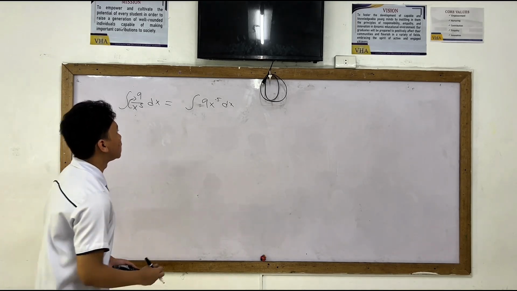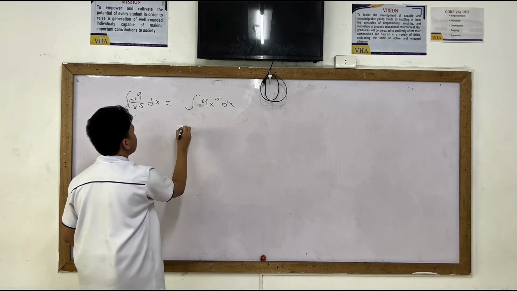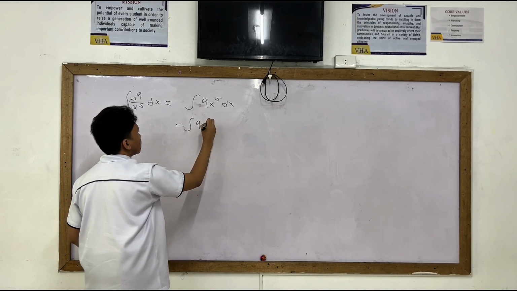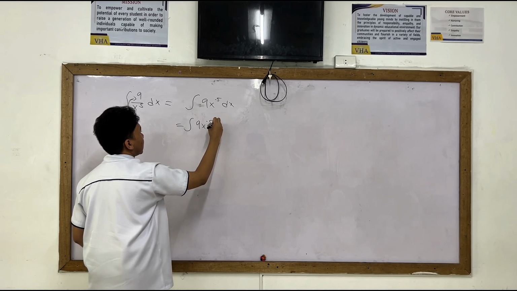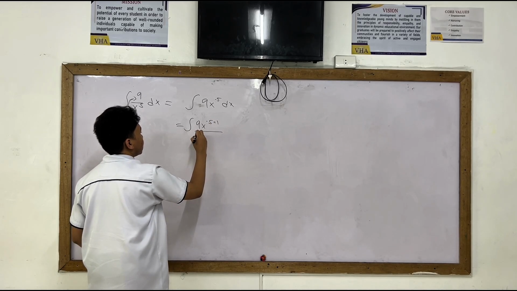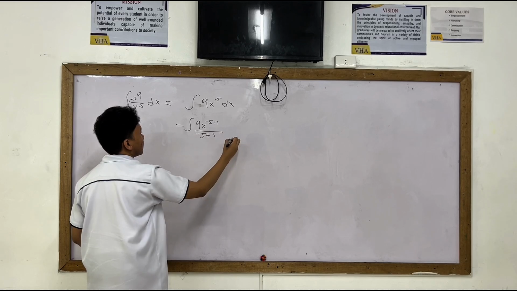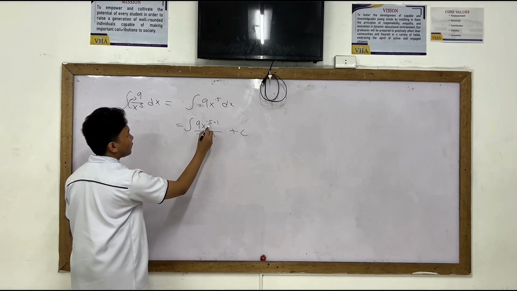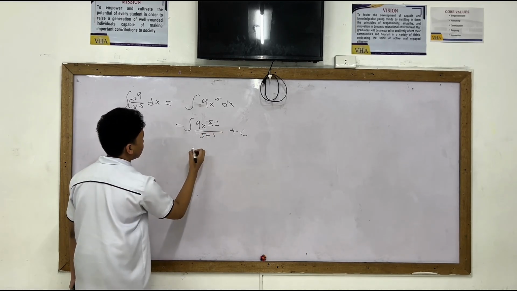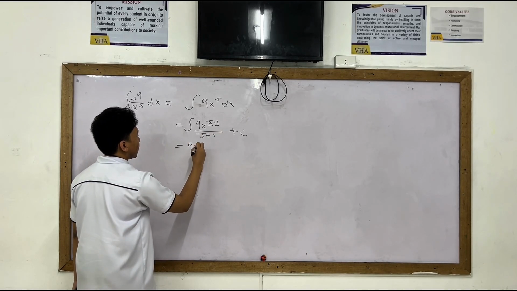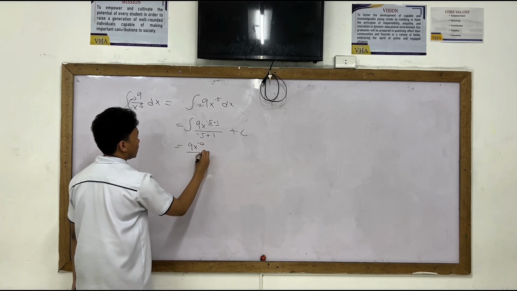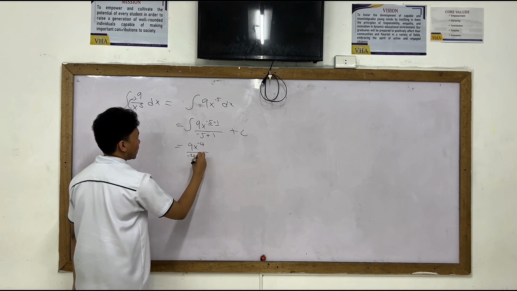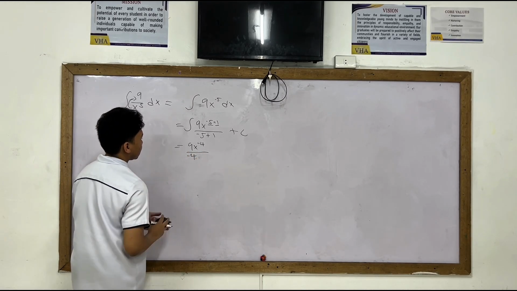Now we can apply the power rule. We will have the indefinite integral 9x to the negative 5 plus 1 over negative 5 plus 1. Now just add negative 5 exponent with 1. So we have 9x to the negative 4 over negative 4.